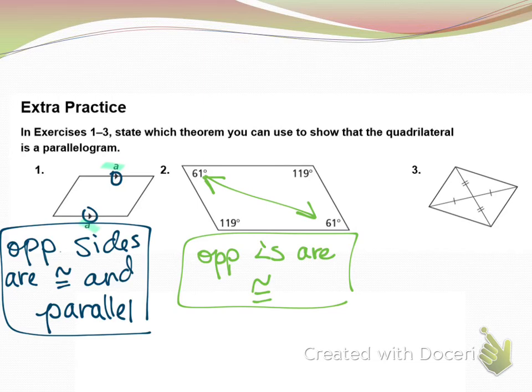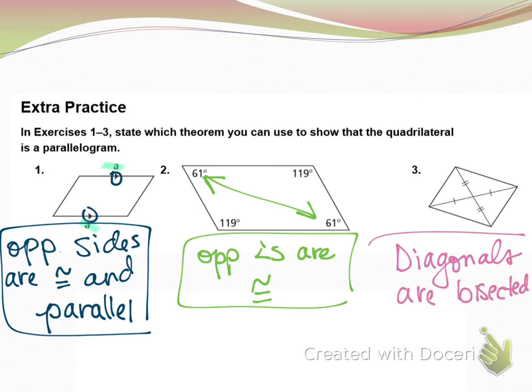And then number 3, are these sides, angles, or diagonals? Diagonals, and we know that the diagonals are bisected, or the diagonals bisect each other, however you want to say that.